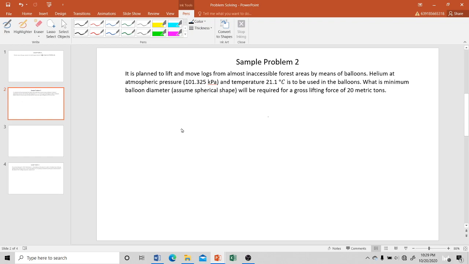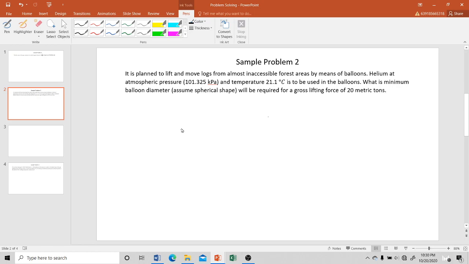It is planned to lift logs from almost inaccessible forest areas by means of balloons. Helium at atmospheric pressure 101.325 kPa and temperature 21.1 degrees Celsius is to be used in the balloons. What is the minimum balloon diameter? Assume spherical shape will be required for a gross lifting force of 20 metric tons.